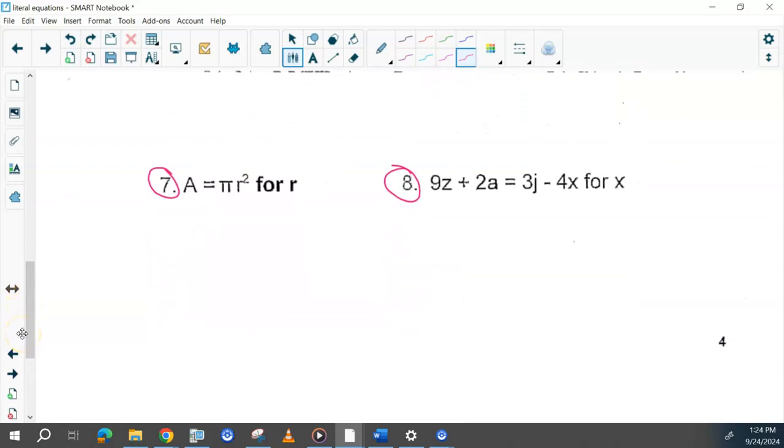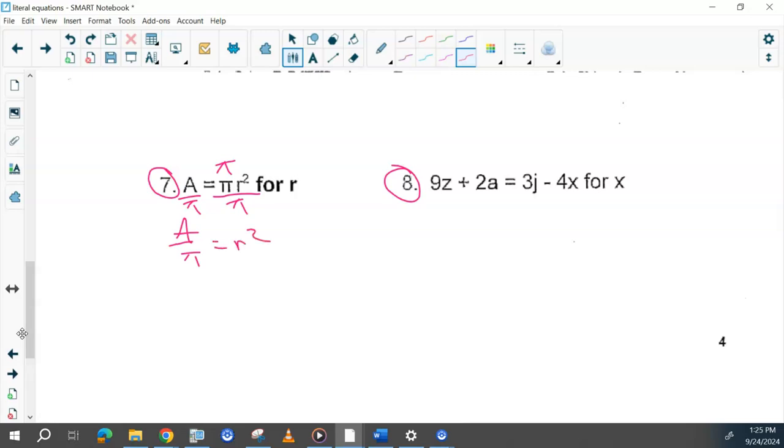Number 7 says a equals pi r squared. I draw my pi's like this. So if we're trying to get r by itself, what would be our first step? Divide by pi, yes, on both sides. Treat that like a variable even though it's a number.